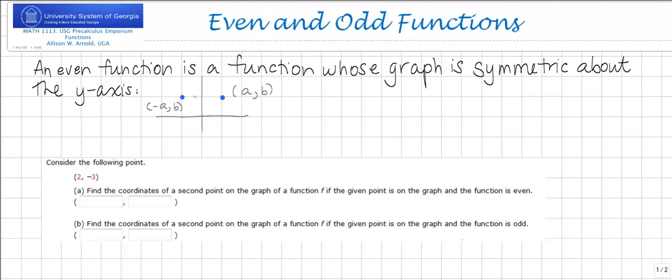Okay, so if you take a look at this thought, then an even function could be like a parabola, or it could be a shape like this, or really anything of the sort that has y-axis symmetry.